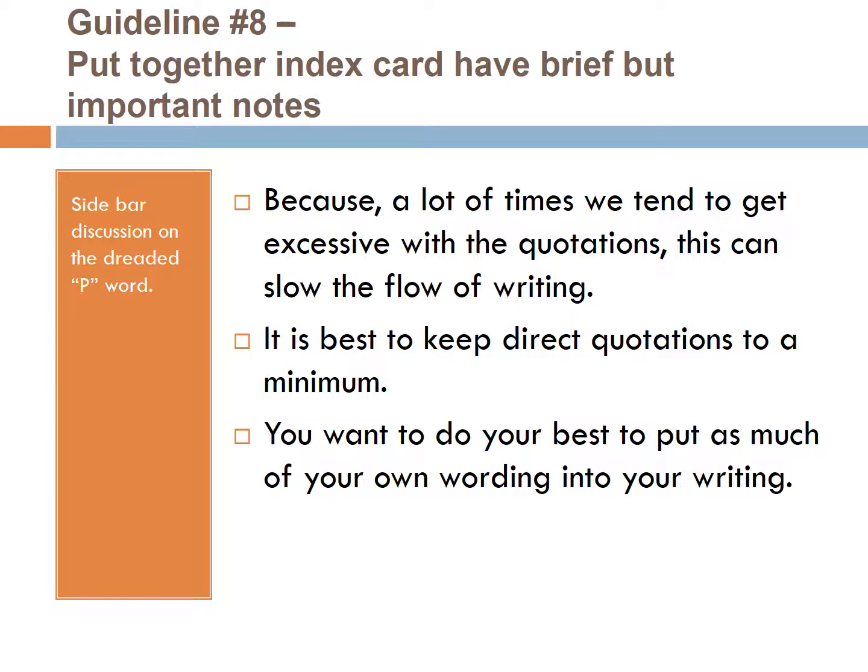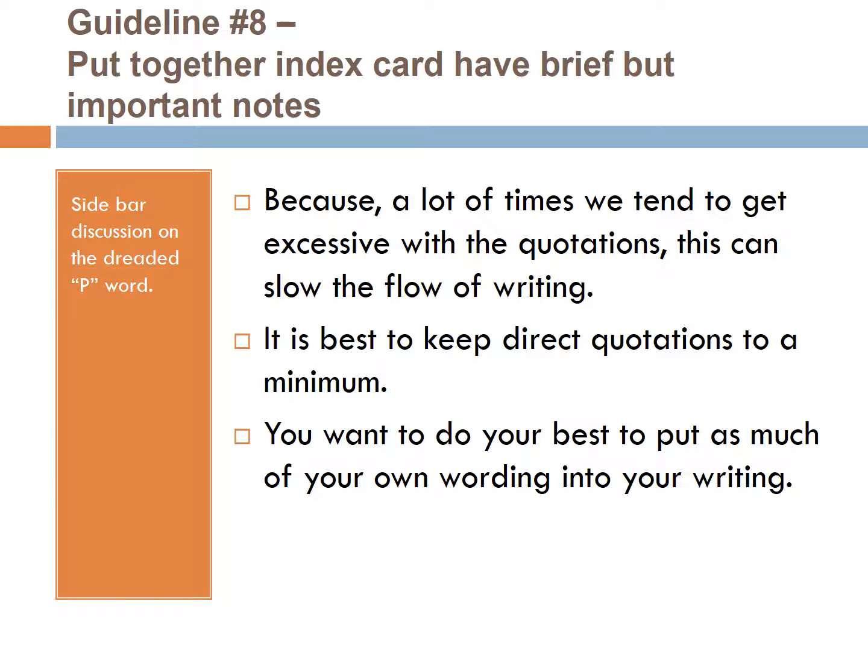And that brings me to the sidebar discussion on the dreaded P word, which is, I'm going to say it, plagiarism. Now, when it comes to plagiarism, this is the dreaded word, and that's why it's very important to know how to paraphrase what it is you are writing, because nowadays it's so easy to commit plagiarism even if you're not trying.